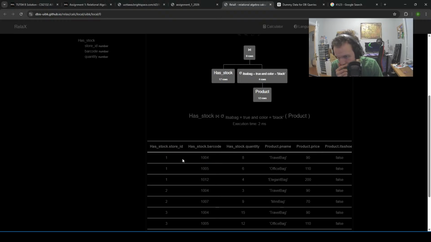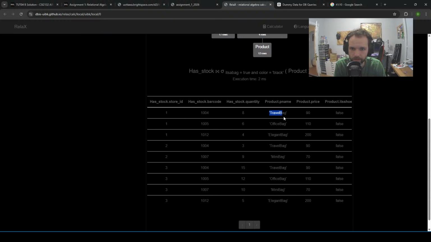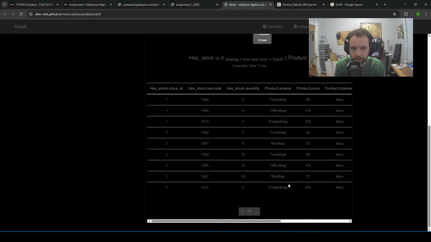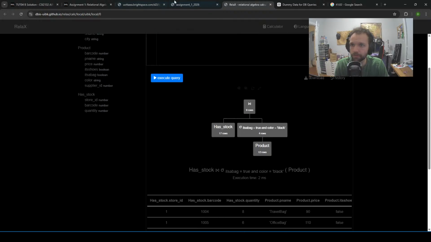This is store ID. I could just select store ID and barcode. That would be helpful. All of this is pretty redundant. I don't need the name, don't need supplier ID, product supplier ID. Now we're just looking for stores.